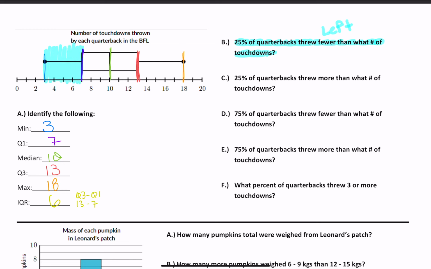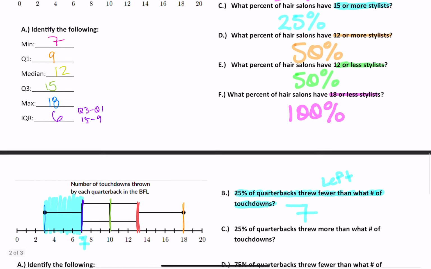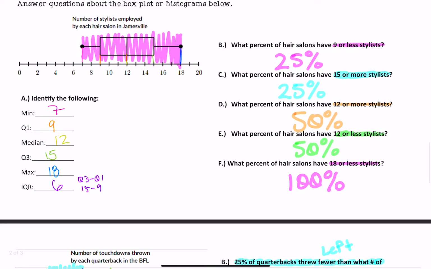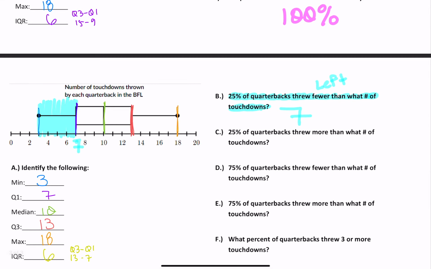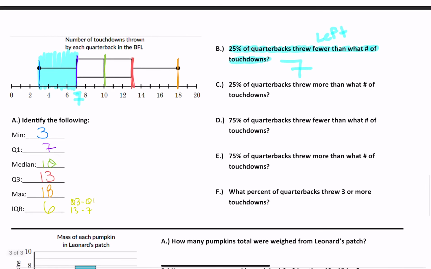What number is this all less than, Miss Rawolf? Well, it looks to be less than 7. So 7 is our answer. It's like the reverse questions of the first one, right? So 9 or less gave us a percent. This one's like asking what's the bottom 25%.